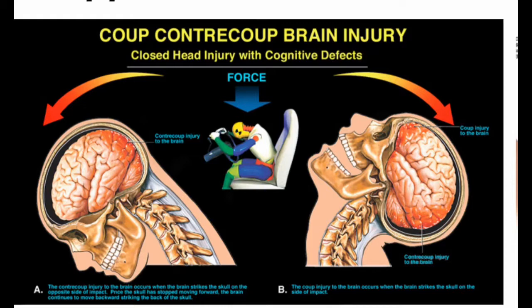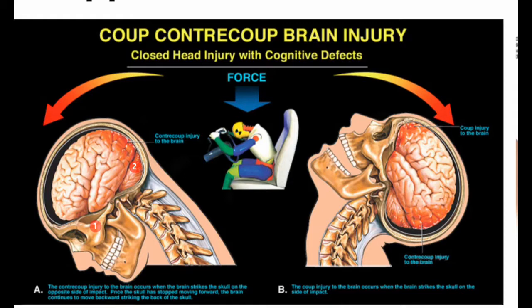So when we're stopped by a car in front of us, our head still tends to move forward as if it's still driving. So the head is going to move forward while the brain tends to lag backward. This causes the skull to hit the brain tissue, which can damage brain tissue and neurons.